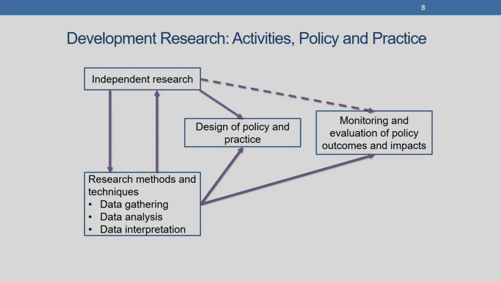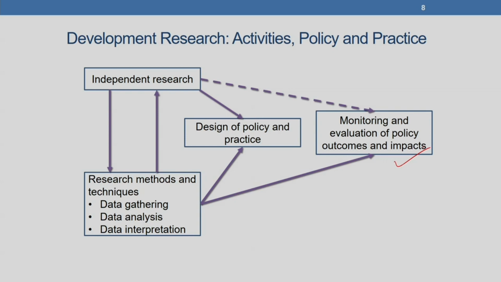On the right hand side of the diagram, the monitoring and evaluation of policy outcomes and impacts uses the results of independent research as part of its secondary data, and also generates primary data using established research methods and techniques, but not usually creating or modifying these methods and techniques.